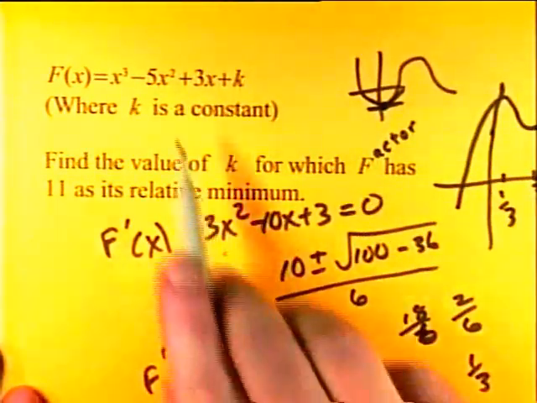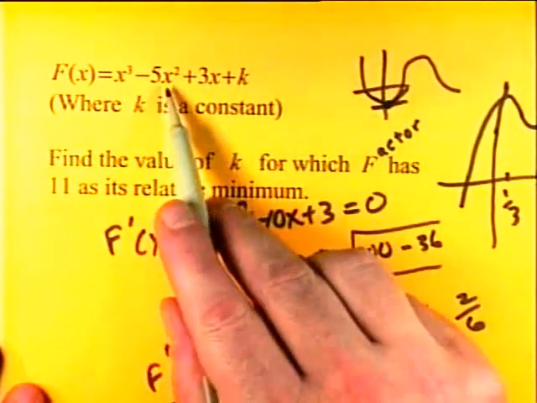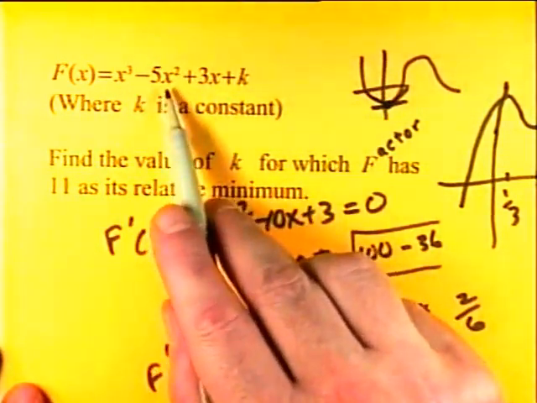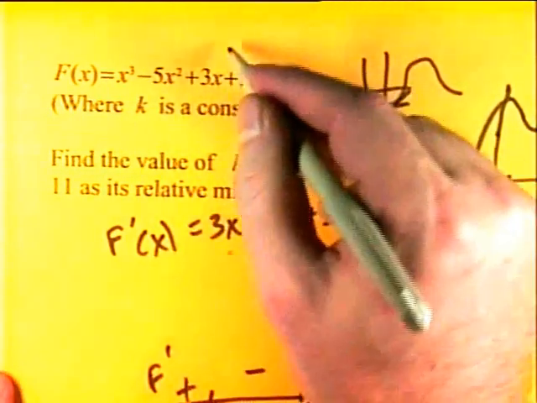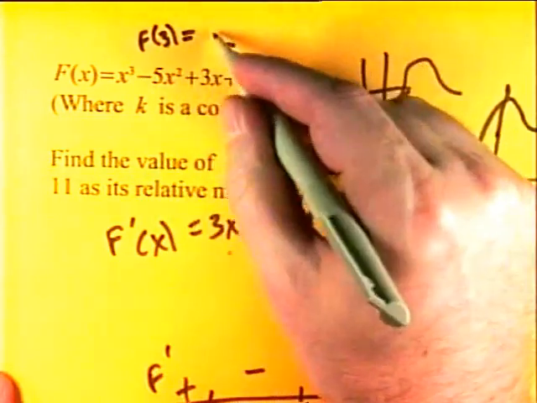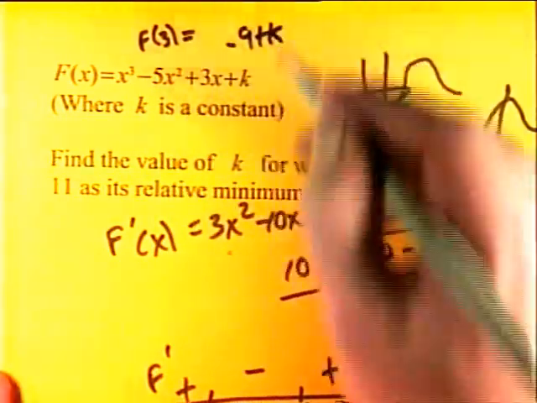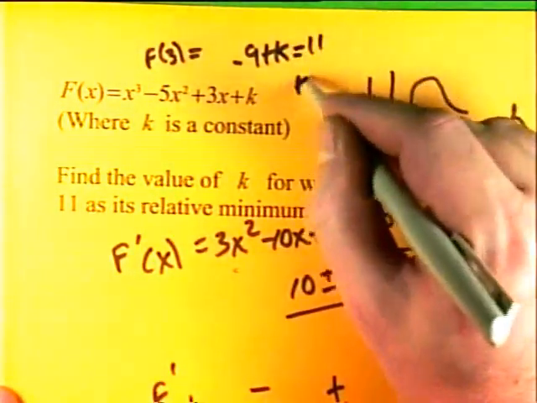Which one, top or bottom? The top. Okay, we plug in 3 and we got 27 minus 45 is negative 18, plus 9 is negative 9 plus k. So f of 3 is equal to negative 9 plus k. Set that equal to 11 and you get k is equal to 20.